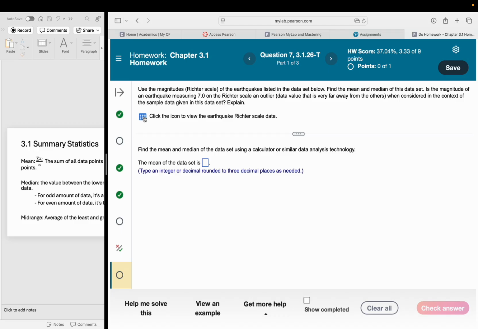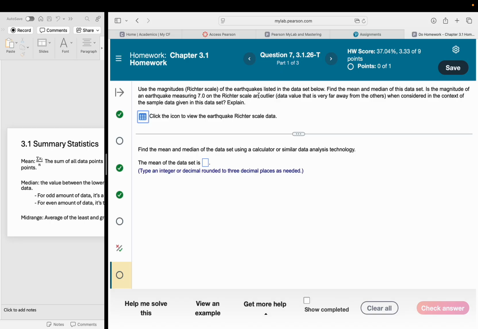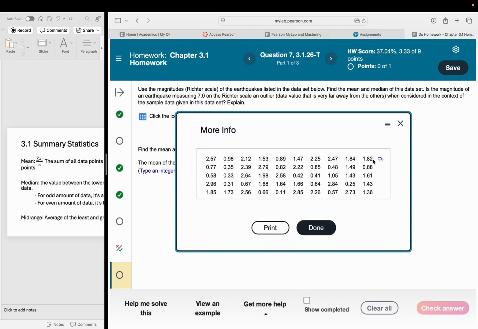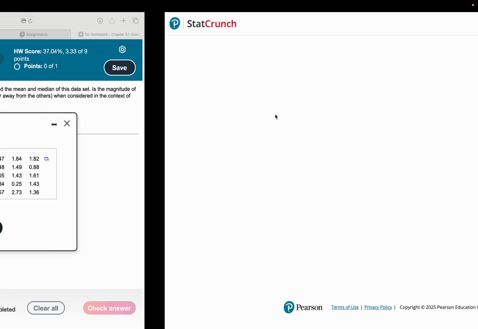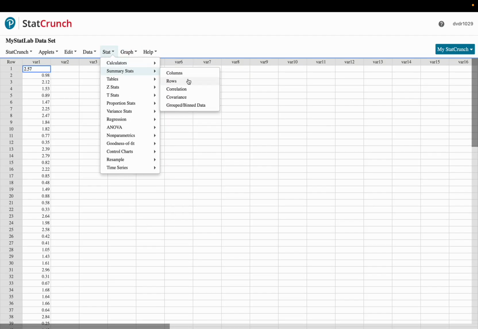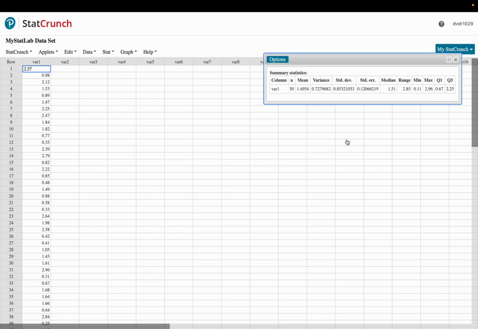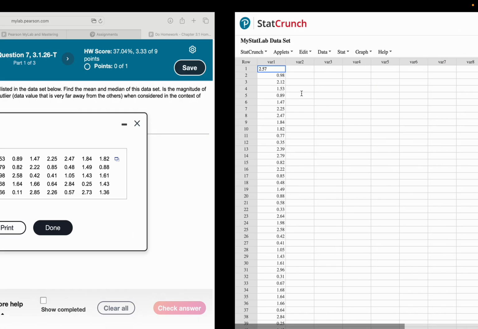All right, up next we have measures about the Richter scale. And let's see here. It says, is the magnitude of 7.0 an outlier? Interesting. Well, let's take this data. I like that question. Let's look at stats. Let's look at summary stats. And I've got a mean of 1.49.